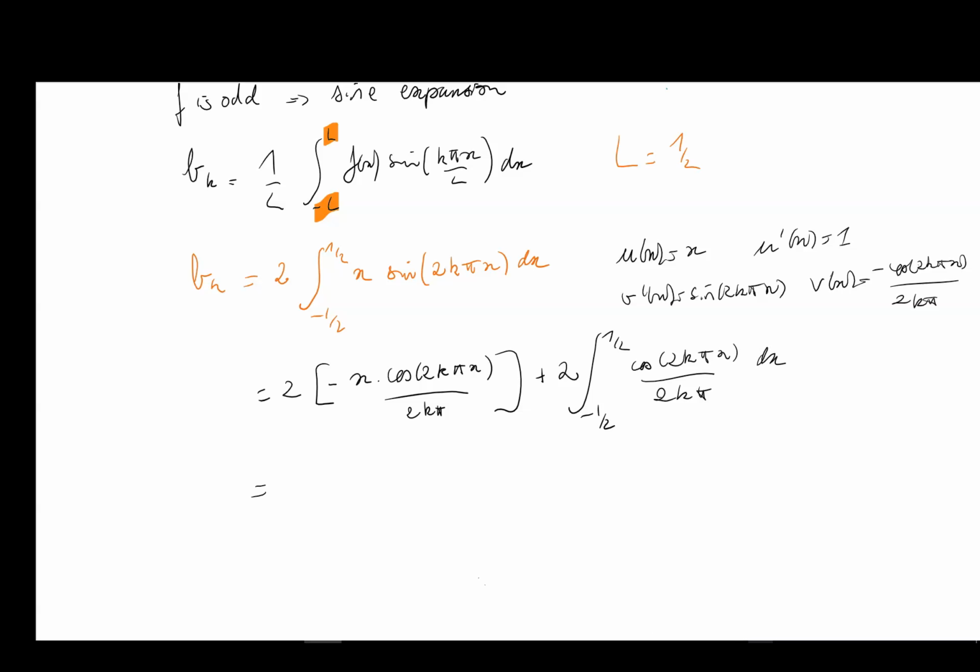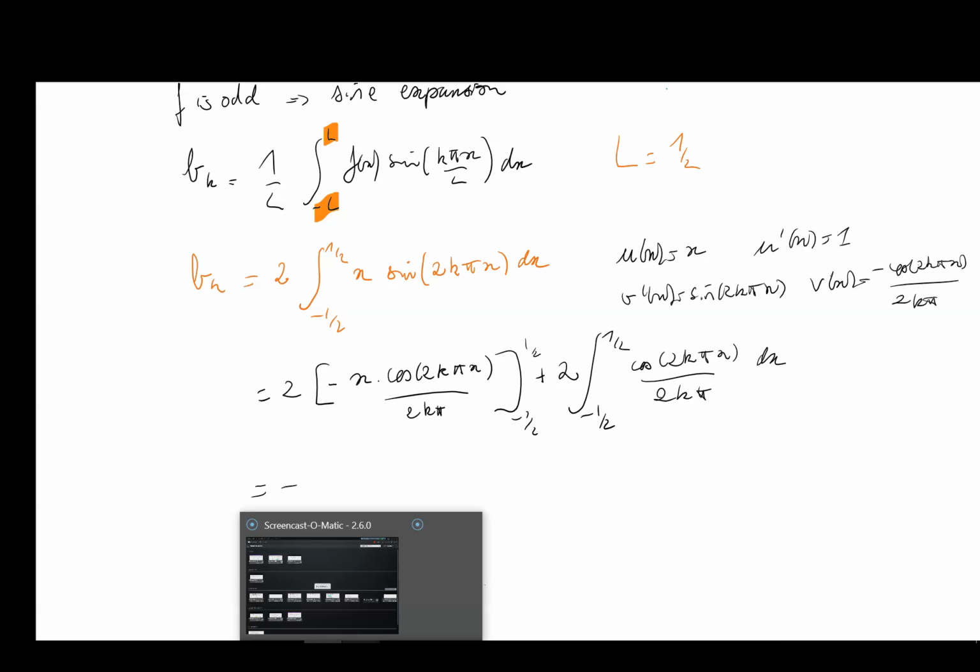Right, so that's from negative 1 over 2 up to 1 over 2. At 1 over 2, that's going to be minus 2 times 1 over 2, so that's minus 1.